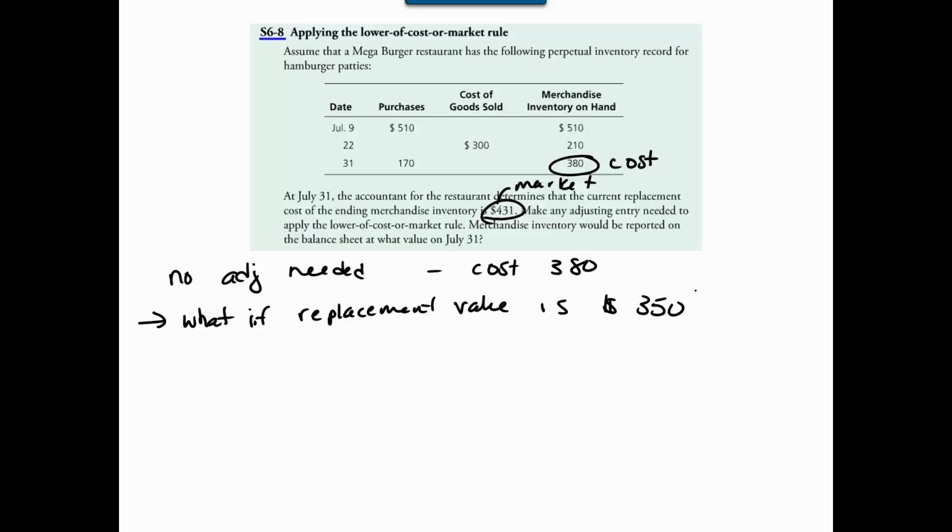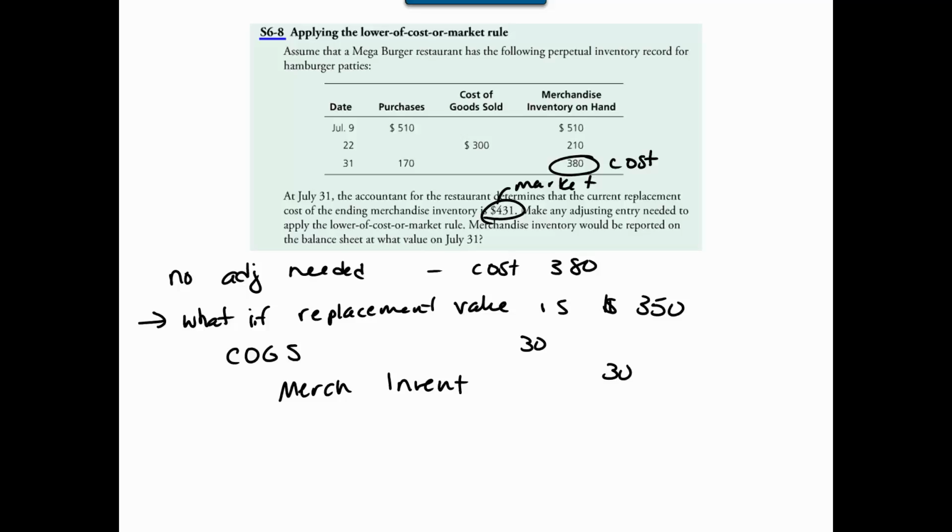Then the market is lower than the cost, and I need to do an adjustment. And so I want to bring that 380 down to 350. So I debit cost of goods sold and credit merchandise inventory for the difference between the two, so $30.